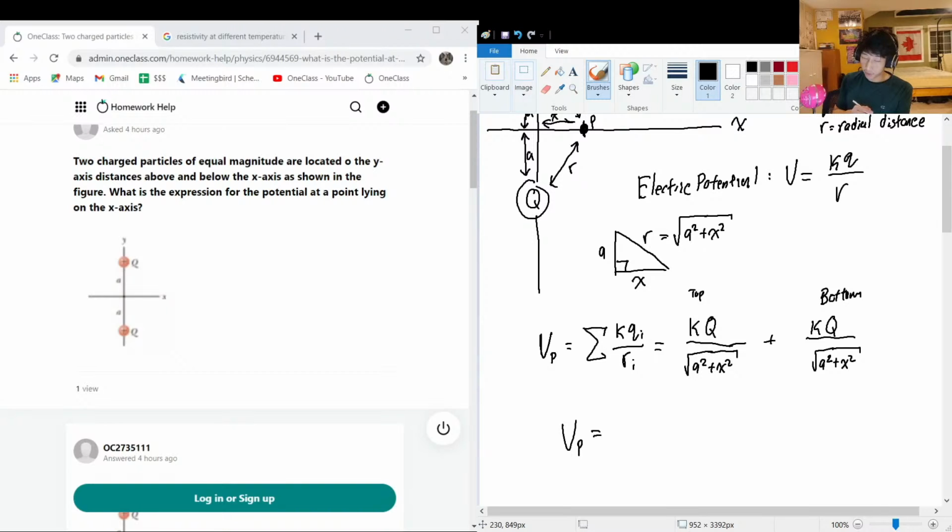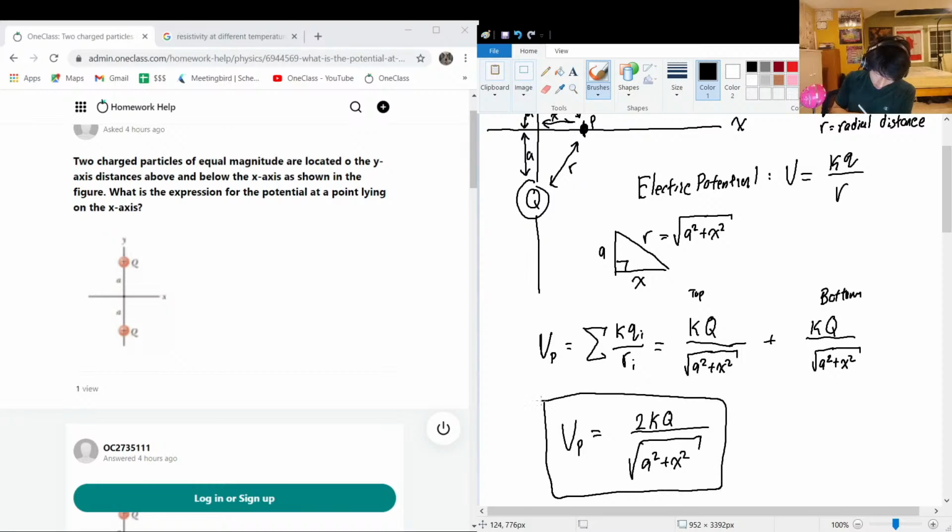So we can just do 2KQ over the square root of A squared plus X squared. This is the electric potential at a point on the x-axis.